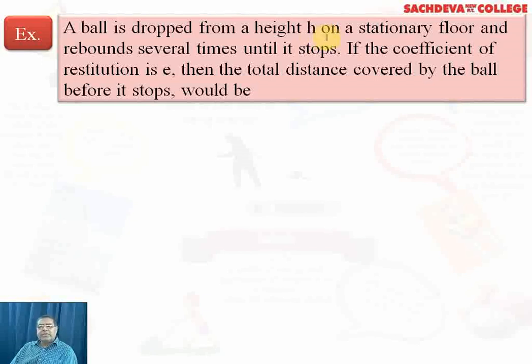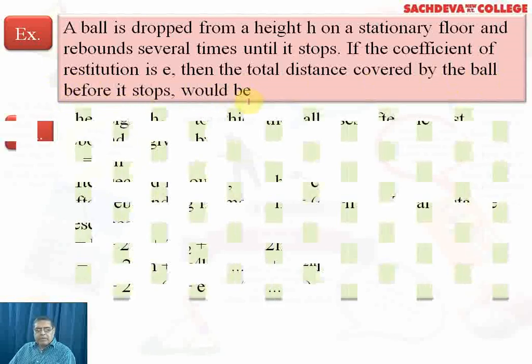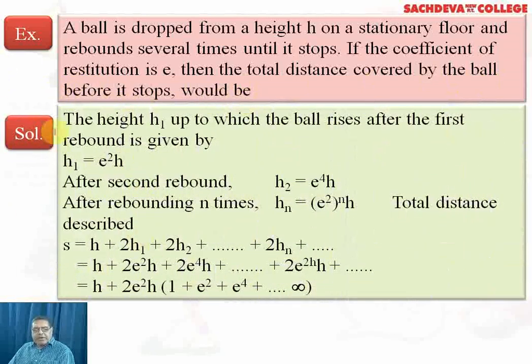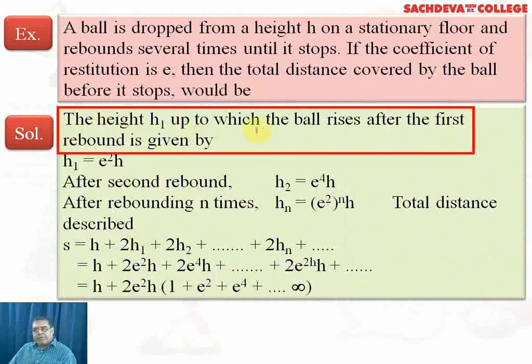So our question is now, a ball is dropped from a height h on a stationary floor and rebounds several times until it stops. If the coefficient of restitution is e, then the total distance covered by the ball before it stops will be? First of all, we take the height h1 up to which the ball rises.